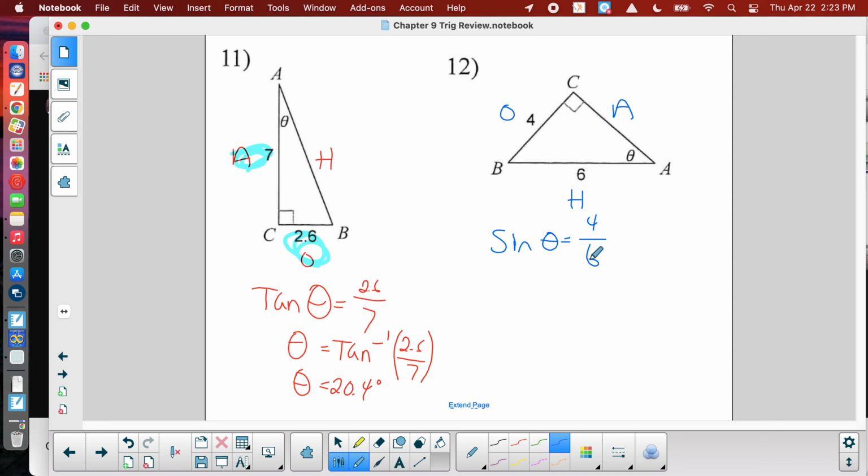So we use the inverse function. So theta is the sine inverse of 4 over 6, which, if I put that in my calculator, comes to about 41.8 degrees.